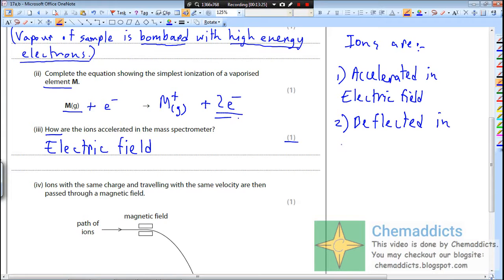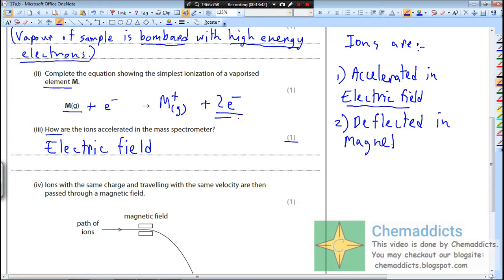As we can see, there are two parts separately. One part of the mass spectrometer is the electric field. Another part of the mass spectrometer is what we call the magnetic field.